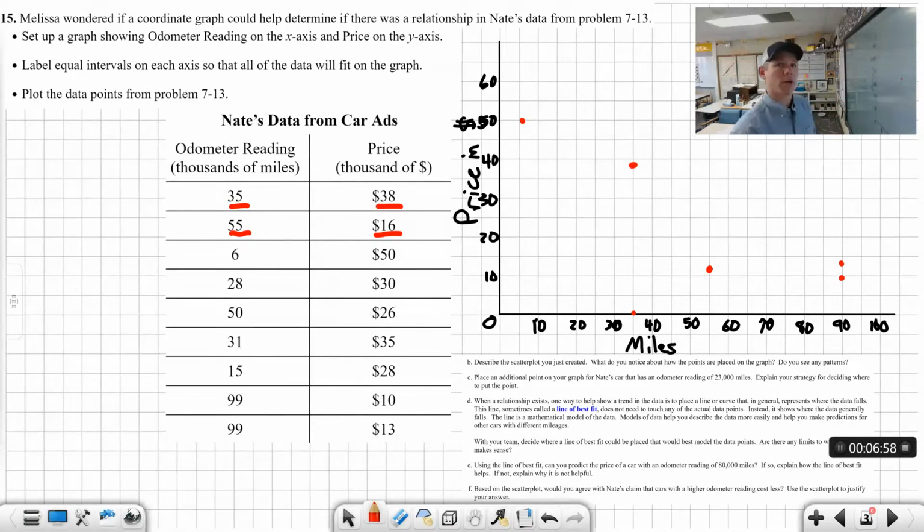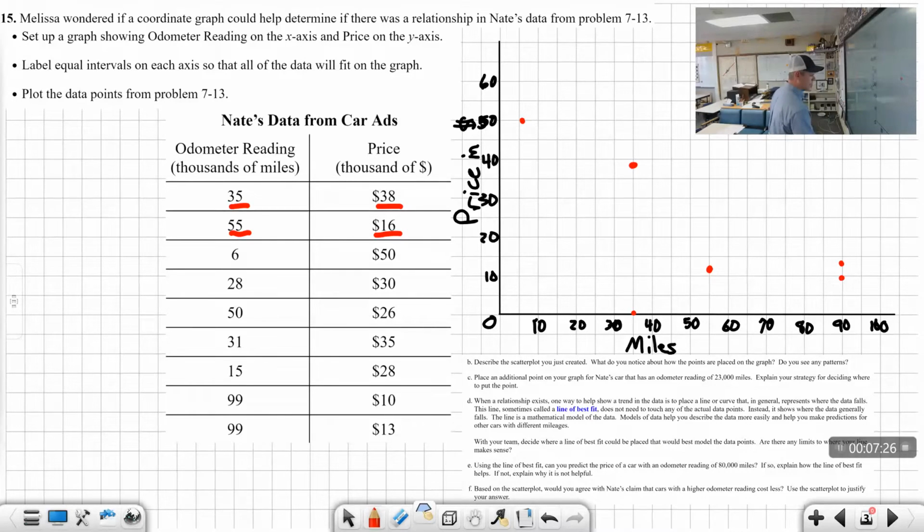Now, I'm going to go ahead and go through several of these questions. You have lines underneath the scatter plot to record these answers. And what I want you to do is look at your scatter plot. I only have a couple points, but I have some very important points that I wrote down. Question letter B. Describe the scatter plot we just created. In general, do these dots go uphill or downhill?